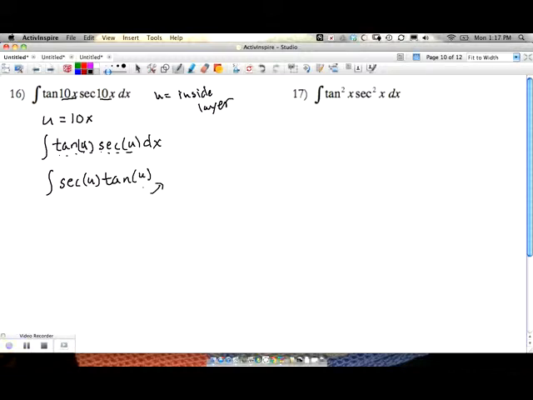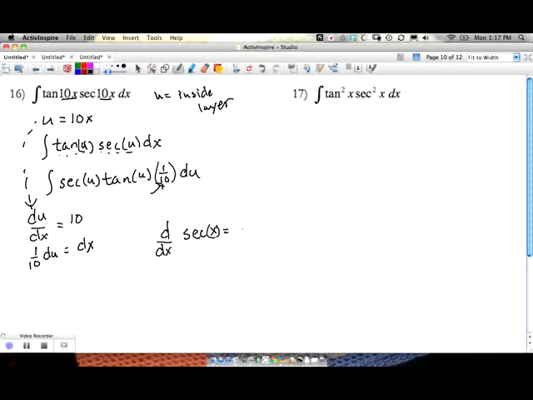But let's figure out what this dx is going to equal. So we know du dx, if we were to take the derivative of that original relationship, is just 10. So that means 1/10 du is equal to our dx. So right here I need a 1/10 and a du. Okay, so here's where this is actually way easier than you would think. The derivative with respect to x of secant of x is secant x tangent x.